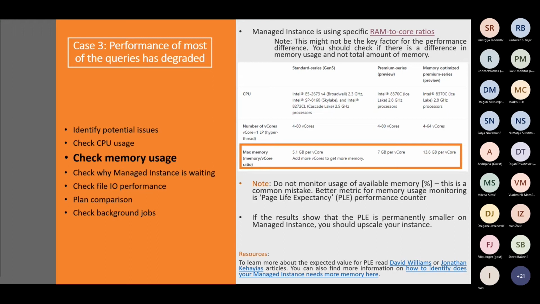The only case where you will not see near 100% usage of memory is where the database is much smaller than the available memory size, so all of it can fit into the memory. Instead, the better metric for memory usage monitoring is the page life expectancy performance counter.